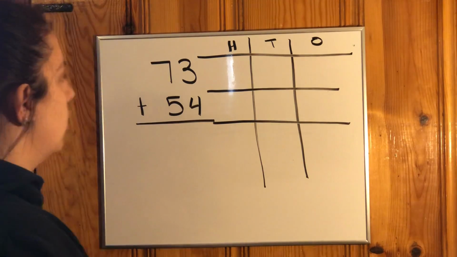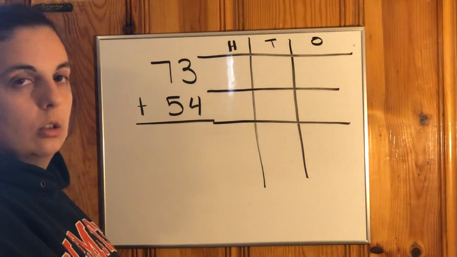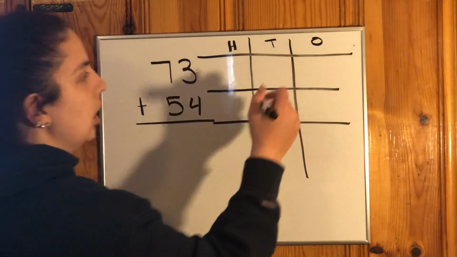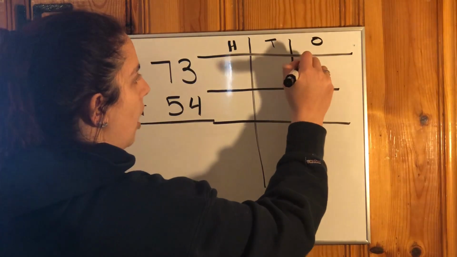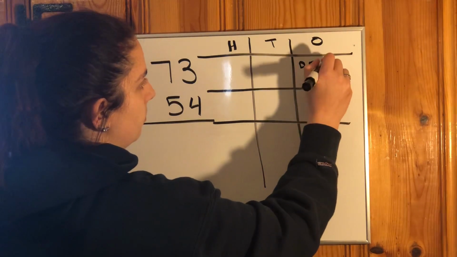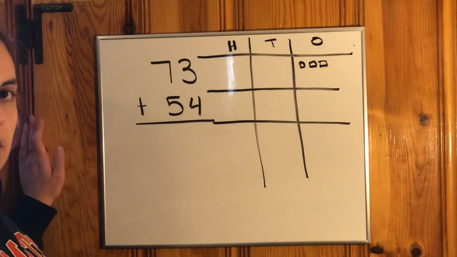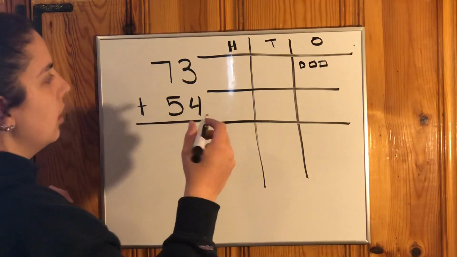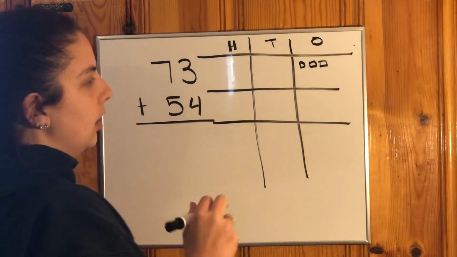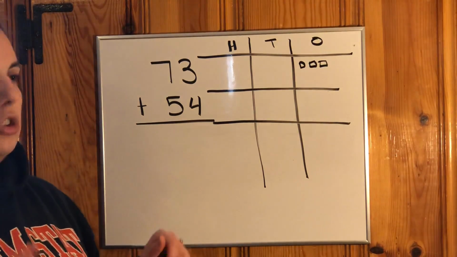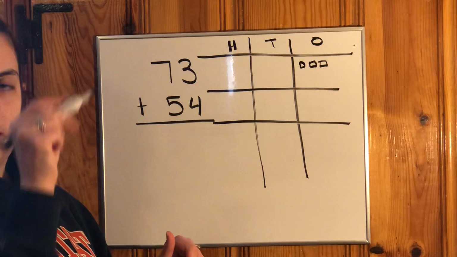Okay? So 73 has how many ones? 3. Draw 3 little ones cubes in your chart. 73 has how many tens? 7. So draw 7 tens rods. Now, you can either just do a stick or draw the skinny rectangle.